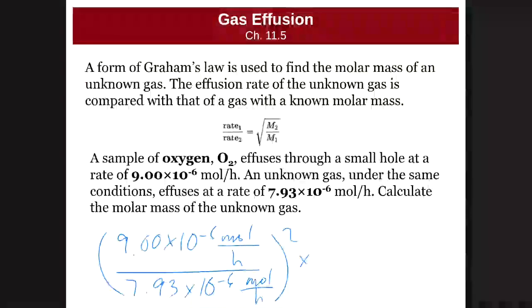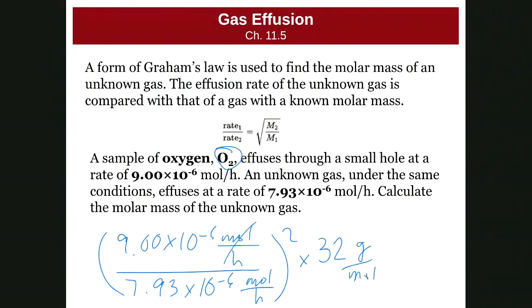So it's oxygen gas, so it's O2. So that's 32 grams per mole. These units are going to cancel out, and our units of molar mass for the unknown are going to be grams per mole, which is what we want. So when you plug those numbers into your calculator, you'll find that your unknown gas has a molar mass of 41.2 grams per mole. All right, so that is effusion.